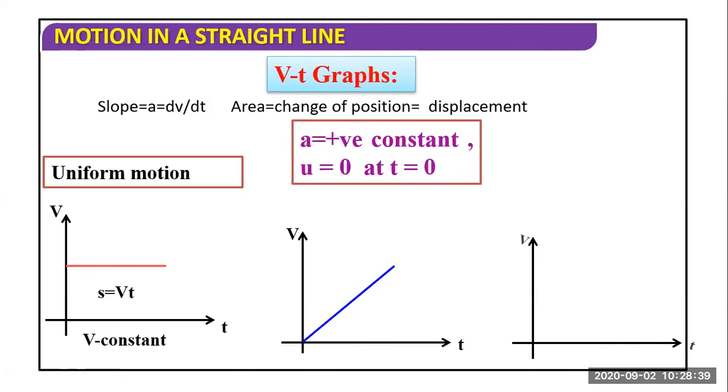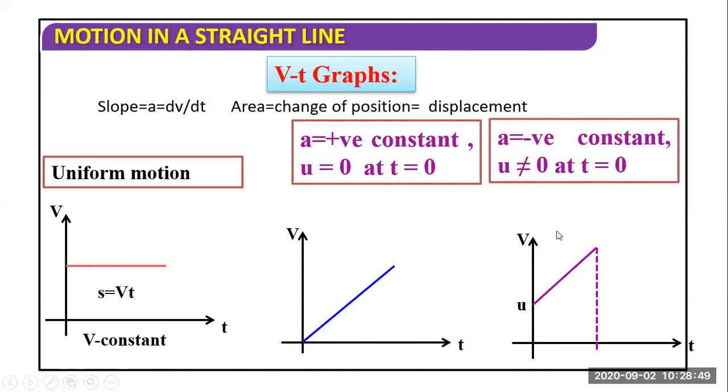Next graph we will see is, initially velocity is non-zero. Here the velocity was 0, but in this case velocity is still positive, let me correct it.